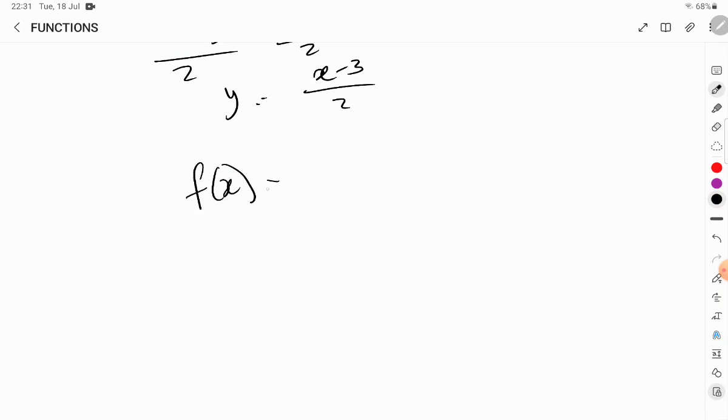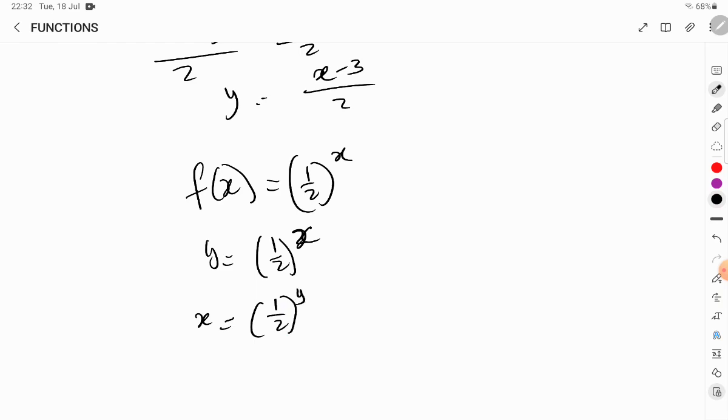f of x is equal to (1/2)^x. You want to find the inverse. In fact, let's not have -1 at this stage. So what you'd want to do here is this. First thing first, you're going to write it as y equals that. Then you start interchanging your y and x. x is equal to (1/2)^y, right?